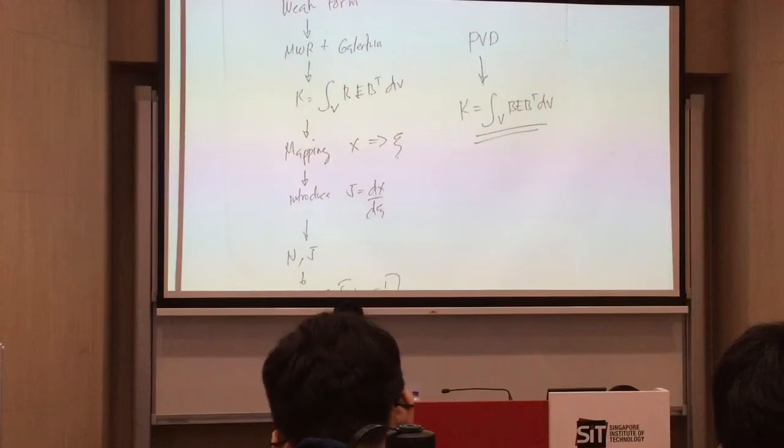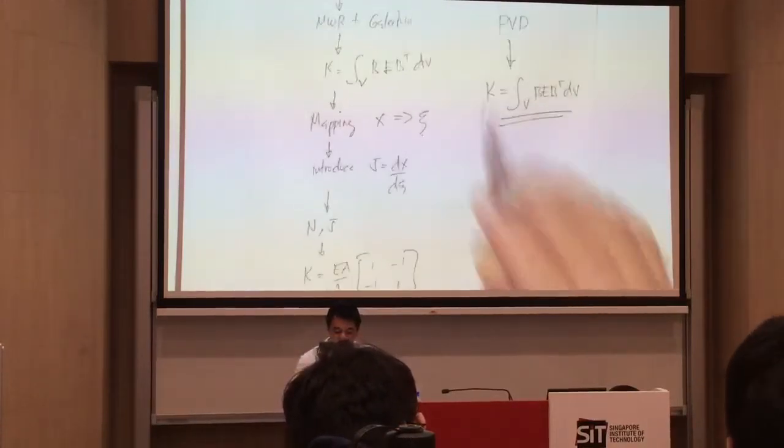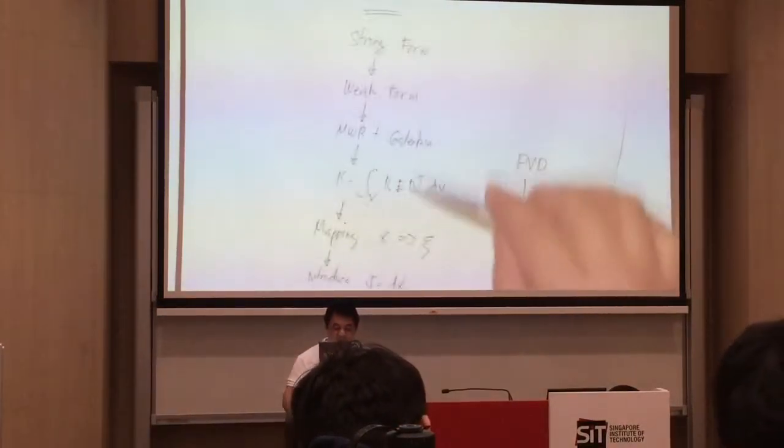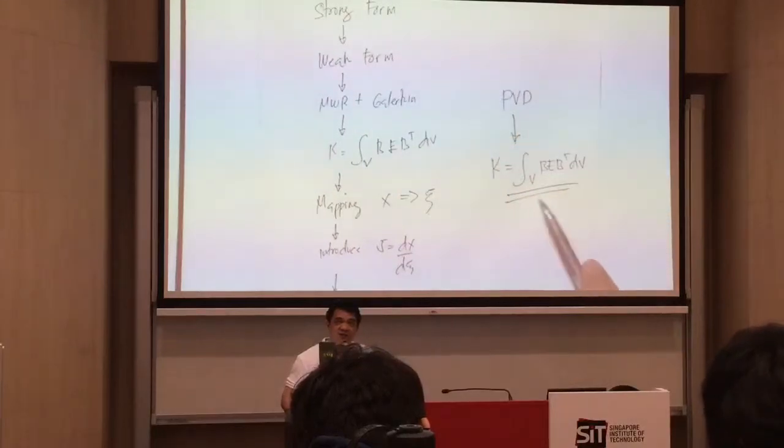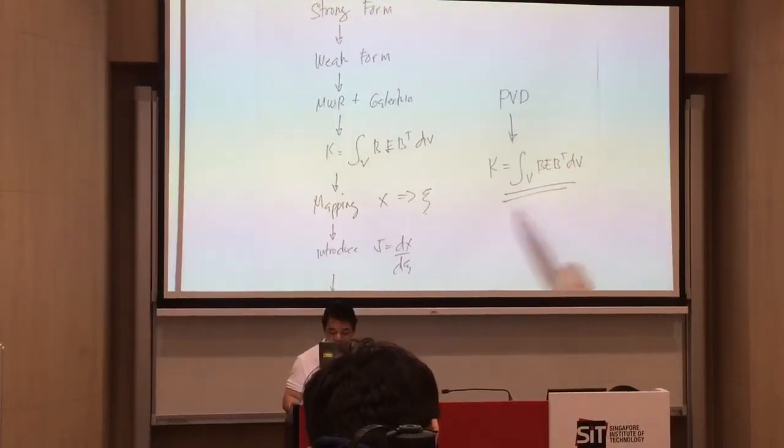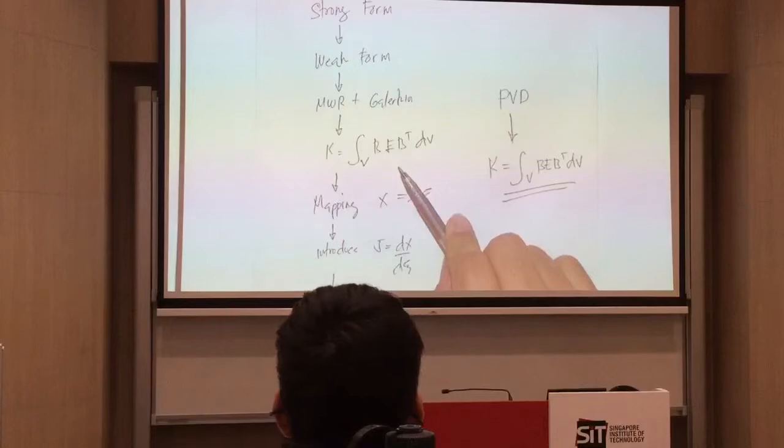So why are we going to use PVD? Because using this equation here to be able to determine the stiffness matrix of a beam, you won't be able to get this kind of form.